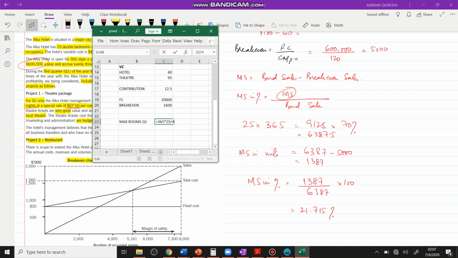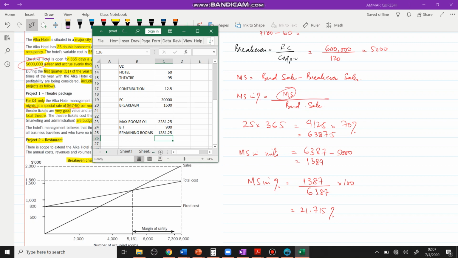So we have maximum 2281 rooms available, right? And if you consider that 900 rooms are for business travelers, before business travelers there are 900 rooms available. That means what? That means remaining rooms available for this theater project is how much?